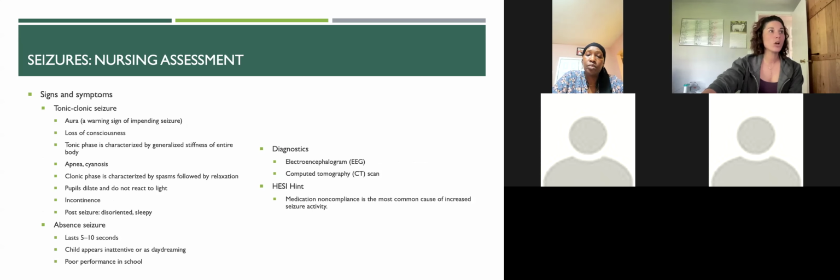So the typical tonic-clonic seizure, that's that normal convulsive seizure. You may have an aura, which is some sort of a warning sign that you're going to have a seizure. You're typically going to lose consciousness. We have a tonic phase where we're really stiff. And then that clonic phase is where we have those spasms and then all of a sudden we relax.